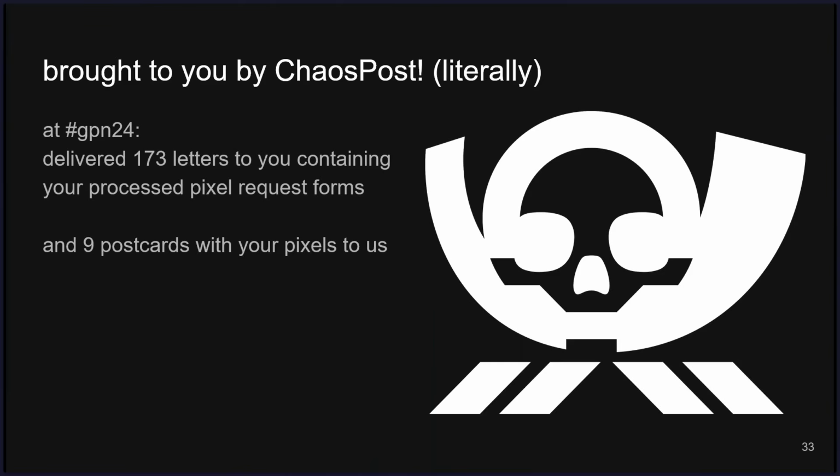I don't think any envelope returned to us more than once. We also had 9 postcards with valid pixels delivered to us, which we processed. So thank you, Chaos Post, for tolerating our spam.